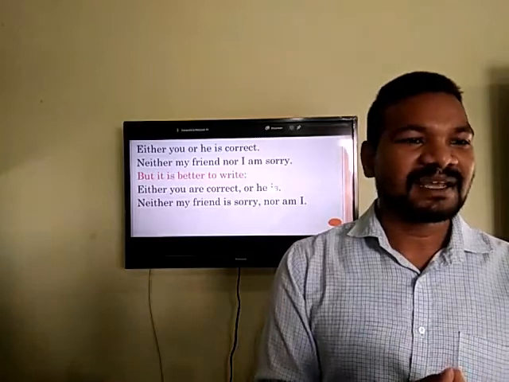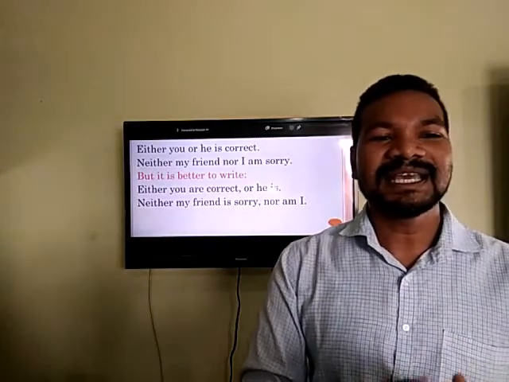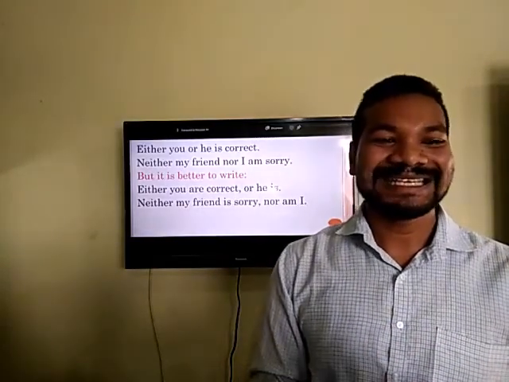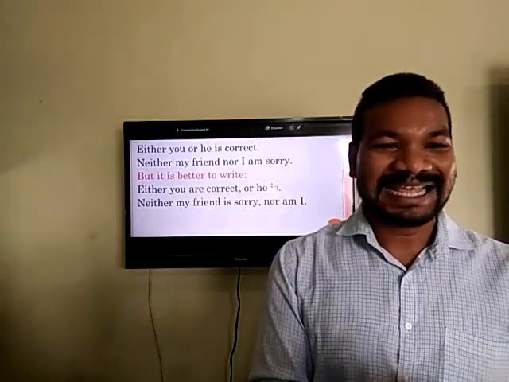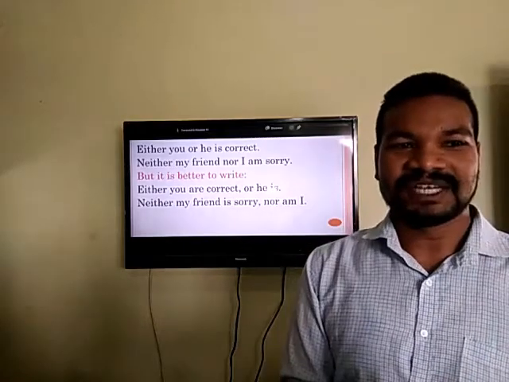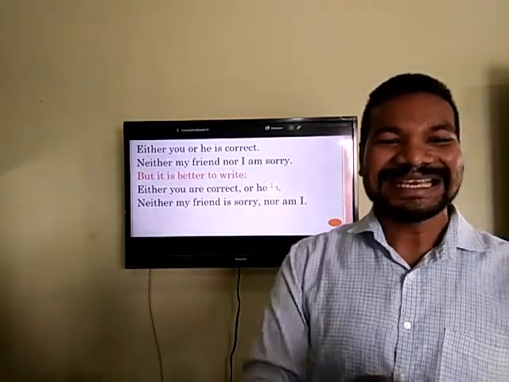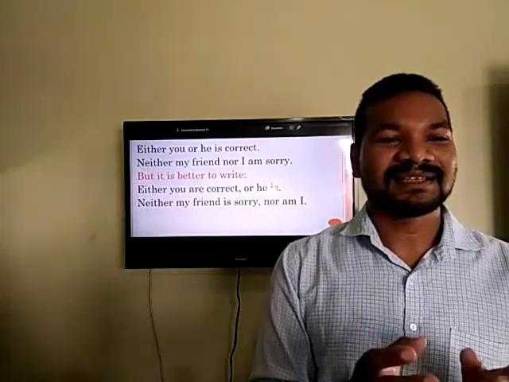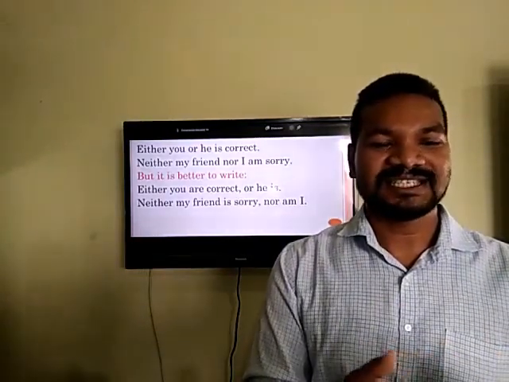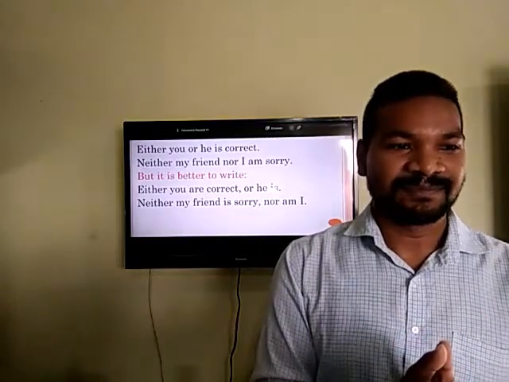We cannot say "either you or he are correct" because "he" is near the verb. So we need to make it agree with the nearest subject: "he is," because "you" and "he" are two distinct persons.